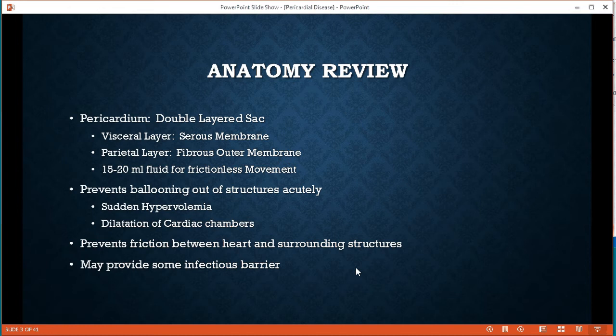That fibrous outer sac prevents ballooning out of those ventricles, which helps with cardiac function. And lastly, it provides an infectious barrier, so that if you have a pneumonic effusion, pleuritis, or some type of issue in the pleural space or surrounding structures, there is some barrier to infecting the myocardium.